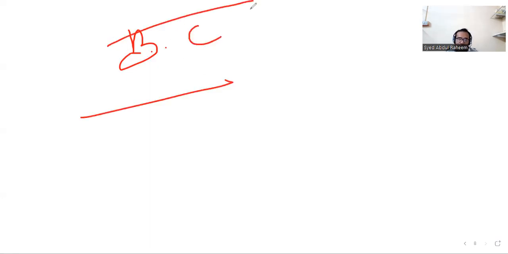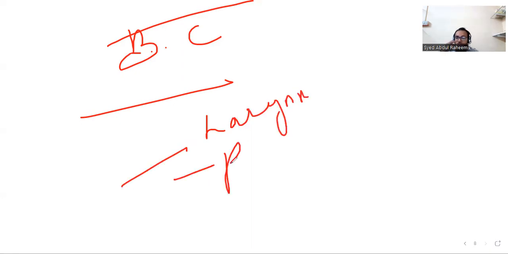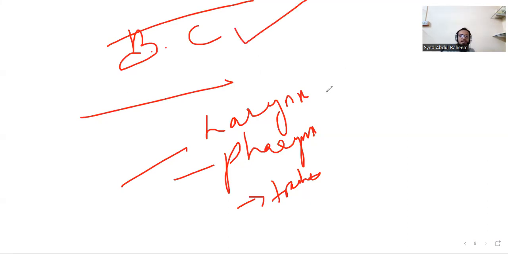We'll work on buccal cavity and larynx, the voice box, pharynx, nasopharynx, oropharynx, laryngopharynx, and next, the trachea. So C13 works on buccal cavity, larynx, pharynx, and trachea.